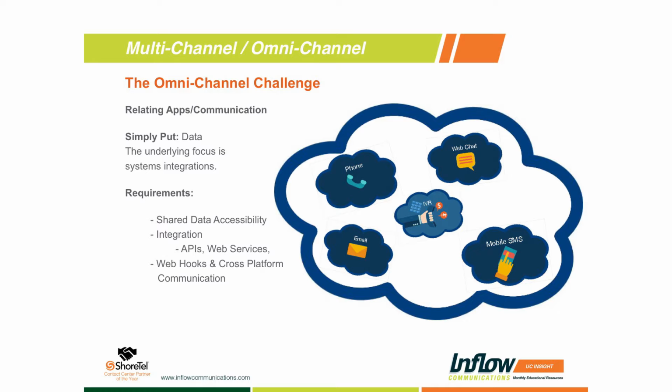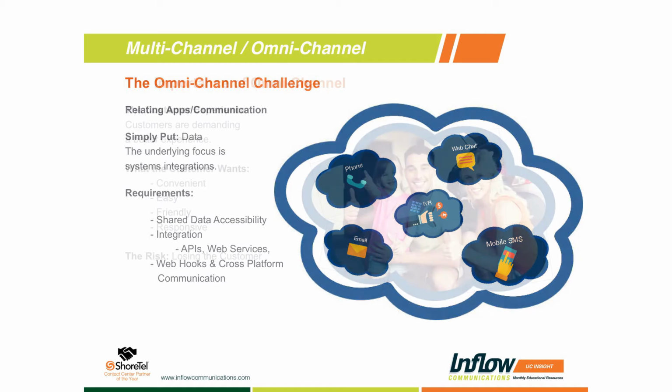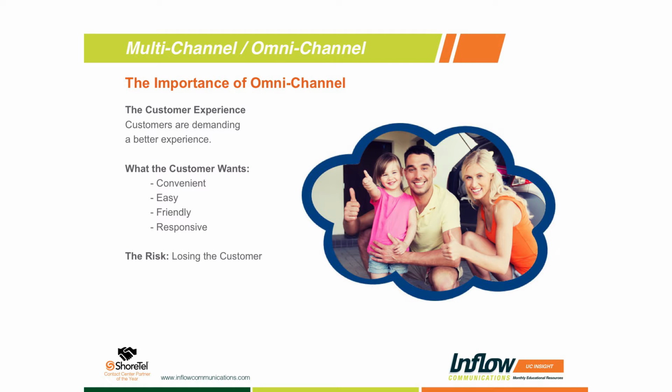So having an online CRM with the ability to communicate with an online appointment book, for example, would be key to understand. So web hooks and cross-platform communication is really at the basis and foundation. These are the requirements for establishing a great omnichannel solution. Can you do it overnight? Likely no. It does take some thought and planning.